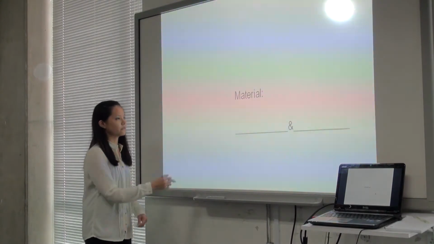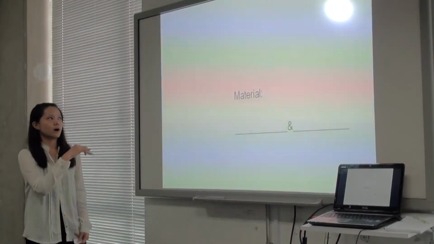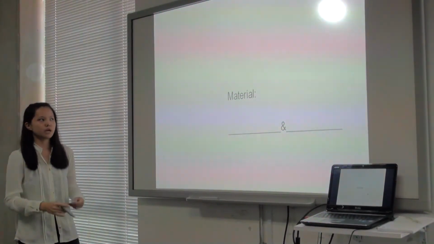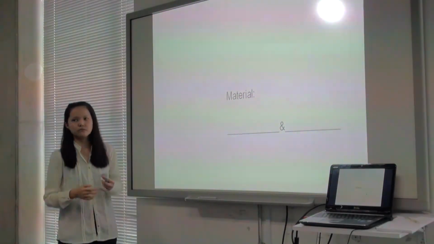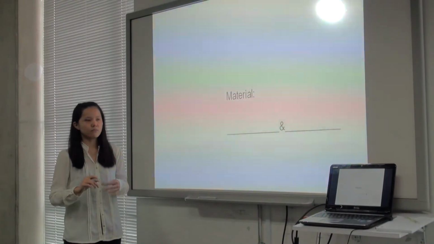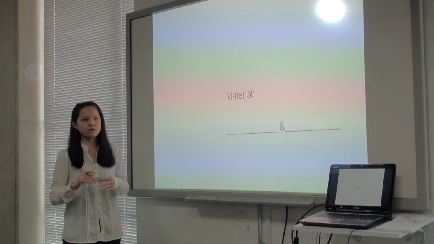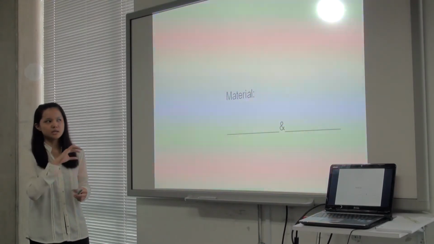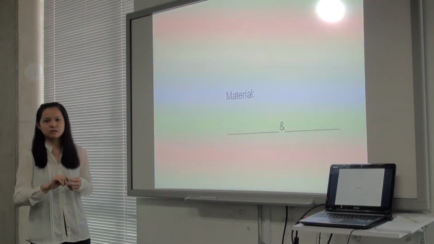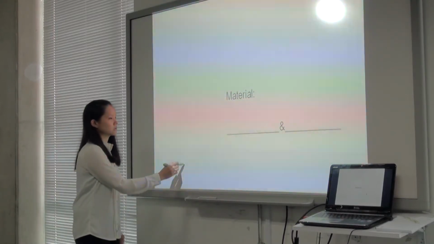From our observation of the current projects, we can notice that the material used is normally monolithic and very constant, since the whole structure or surface is usually using one material and not incorporating others.